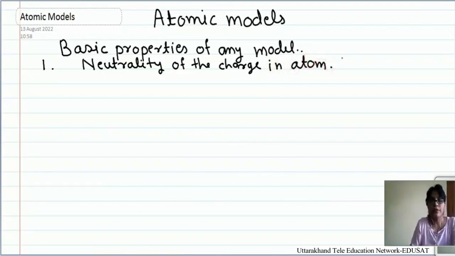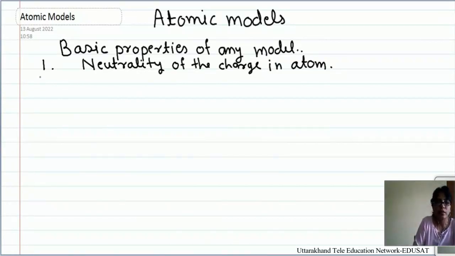So what does it mean? It means that because we know that atom is neutral, that is, the amount of positive charge is equal to the amount of negative charge. So the model must be able to explain this neutrality of the charge in atom.